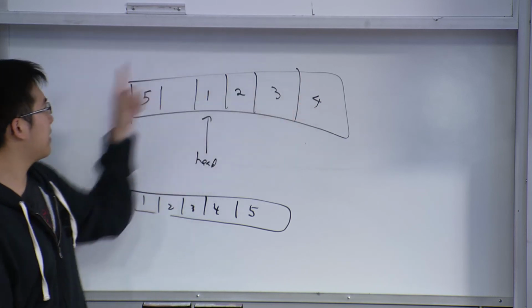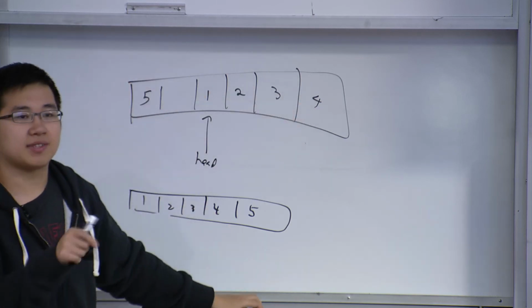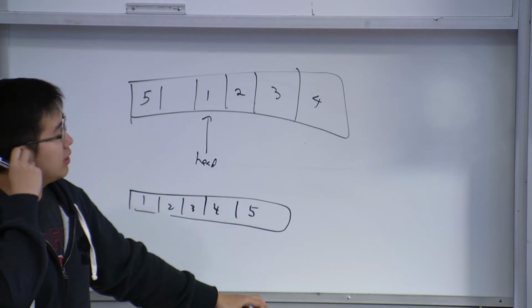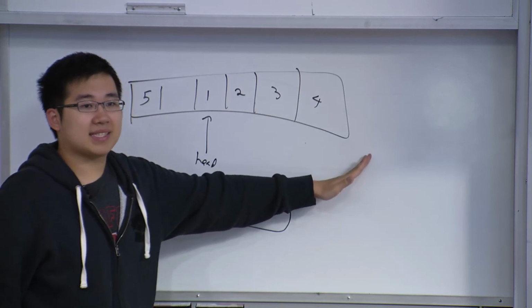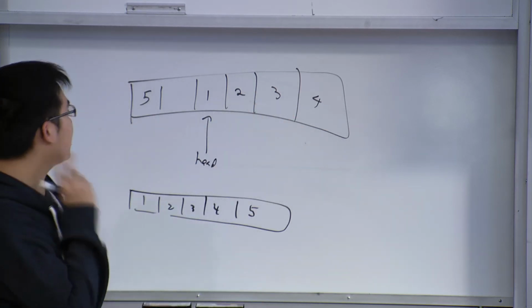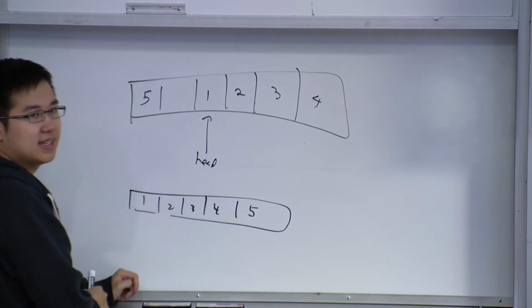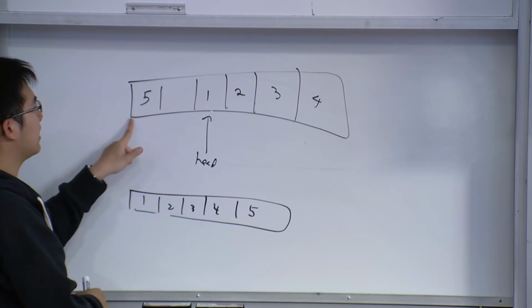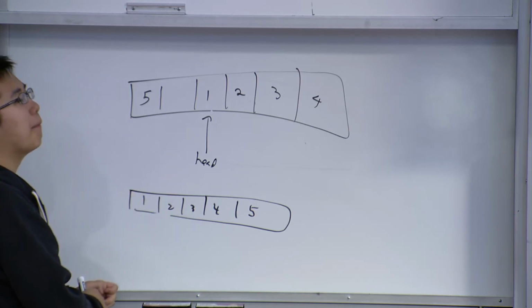The fourth element would be this one, right? And we did that last time by using the mod. We did the mod by the capacity. That's what that's doing. And it's essentially trying to find where the 1 and the 5 is. The 1 is the head, and then the tail would be the size minus 1.